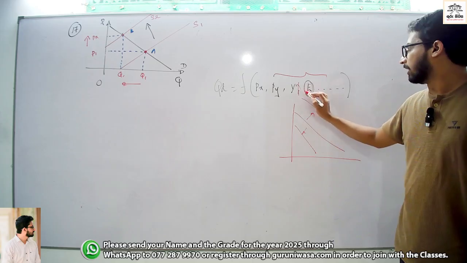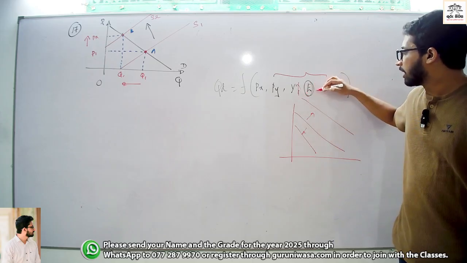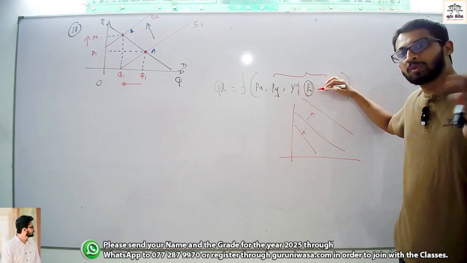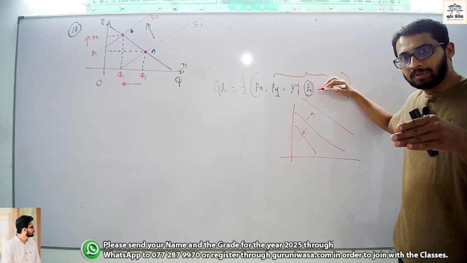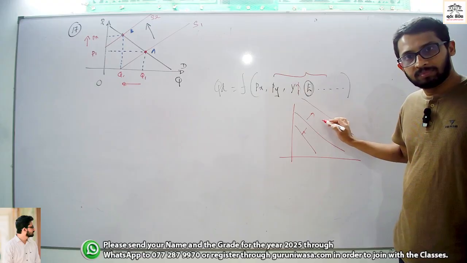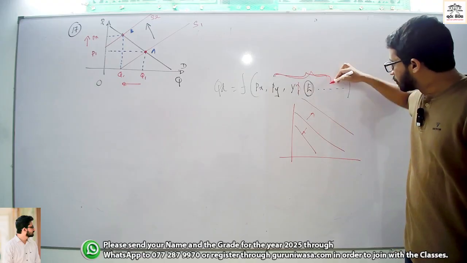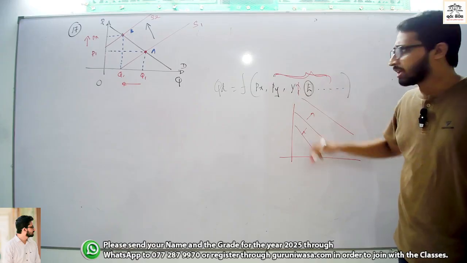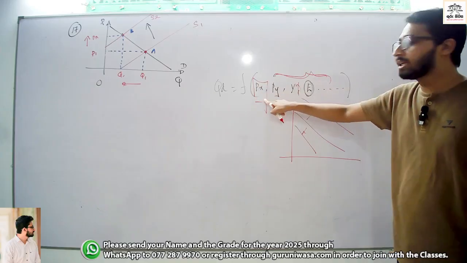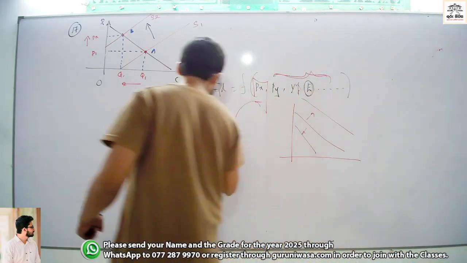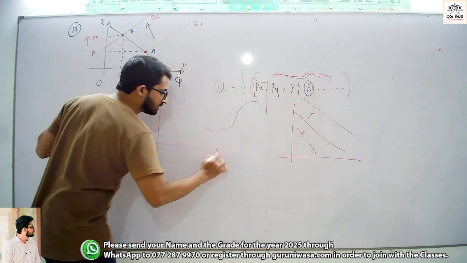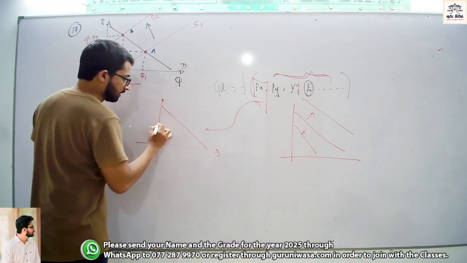If future price is expected to rise, demand will increase today. The demand curve shifts to the right side. Buddha, if these factors change, remember the demand curve shifts. If price changes, the demand curve does not shift.